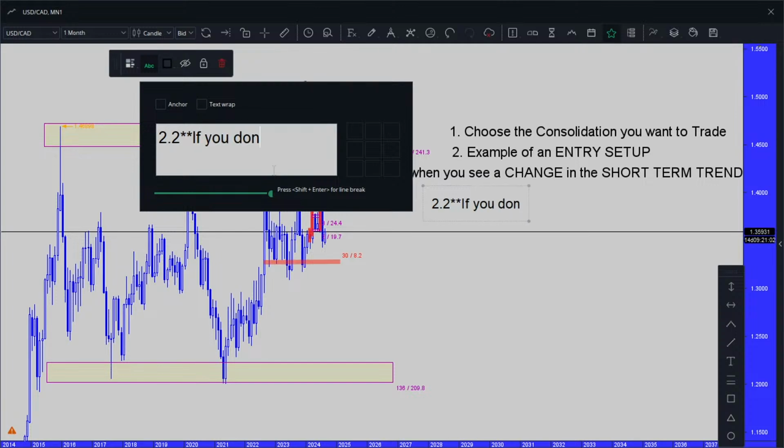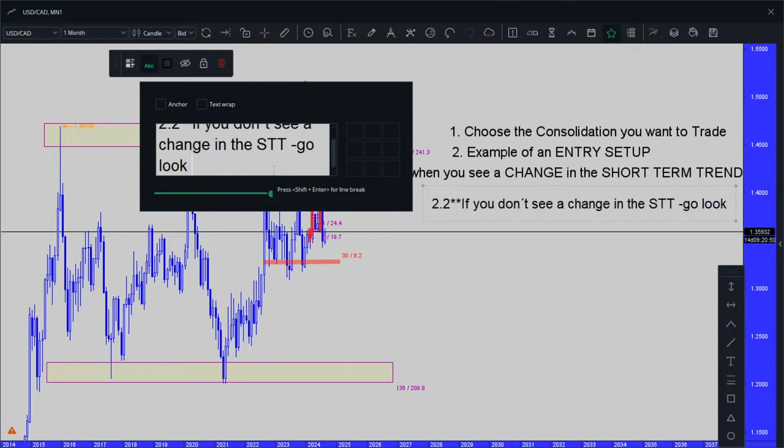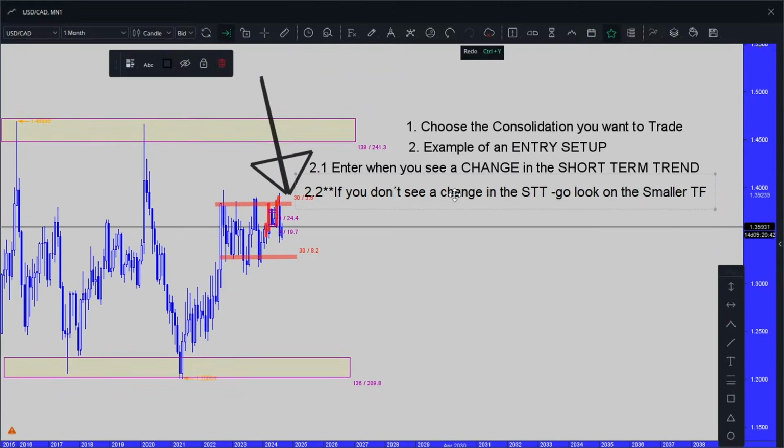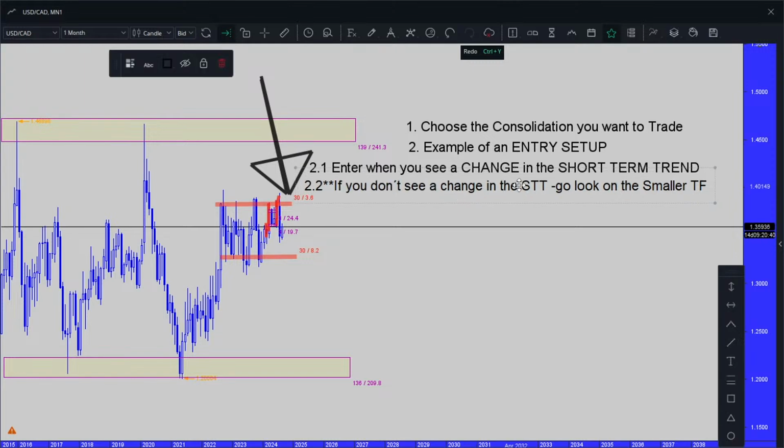If you don't see a change in the STT, short-term trend, go look on the smaller time frame. Right, so this is a trick, everybody. If you don't see a change in the short-term trend on your trading time frame, go look on the smaller time frame.